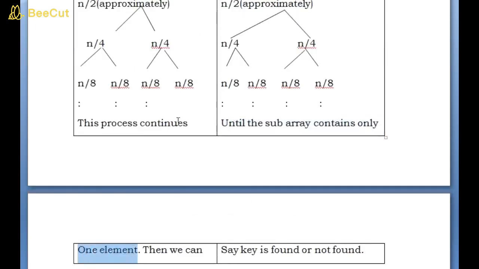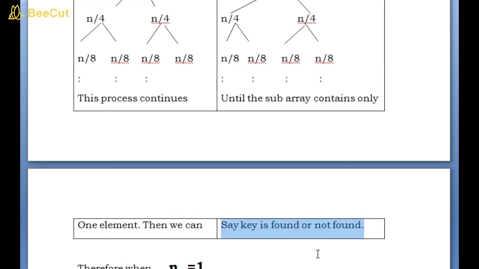We keep on dividing until the subarray, or subpart, contains only one element. Then we can conclude that either the key is found or not found. If matching is there, the key is found. If matching is not there, the key is not found.